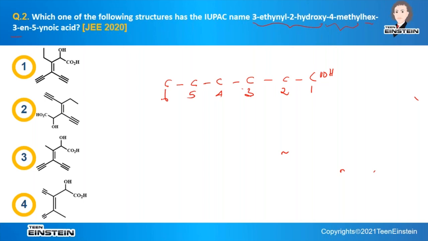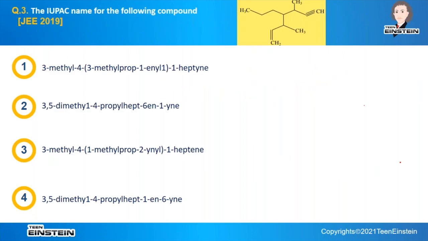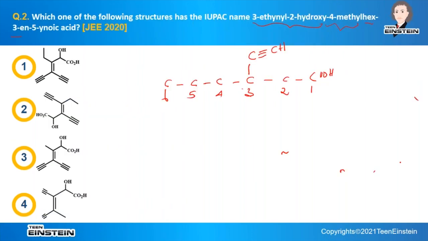Here we see 3-ethynyl. Ethynyl means an ethyl group with a triple bond, attached to the third carbon atom, that is C triple bond CH. Next, 2-hydroxy means the hydroxyl group is present on the second carbon atom, and on the fourth position one methyl group is present.